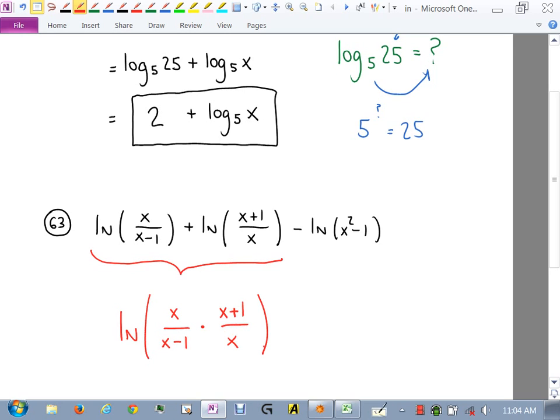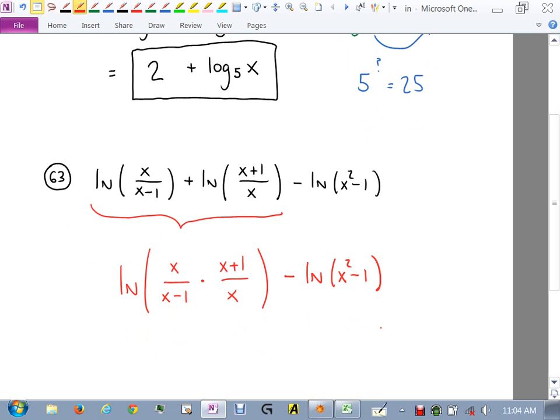That's my first log, and I'm just going to rewrite everything. Now notice, these x's will cancel, because it's multiplication there. You can't cancel these x's. You can leave it as x plus 1 over x minus 1.